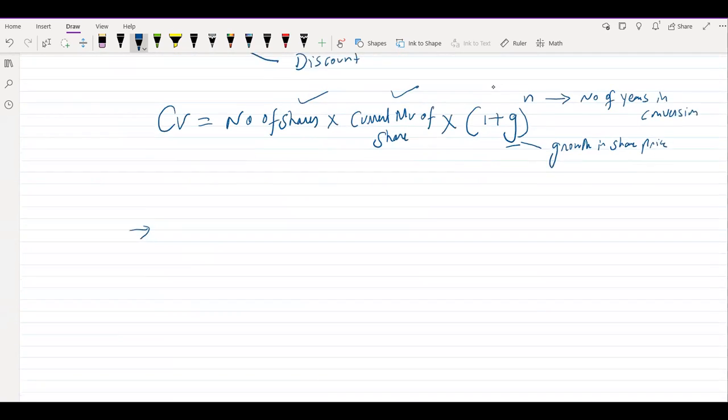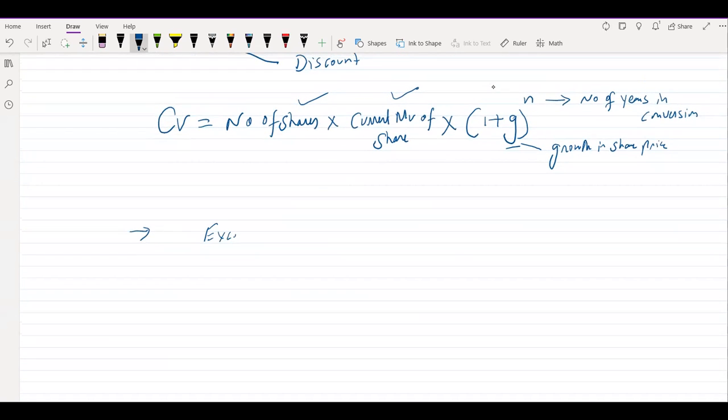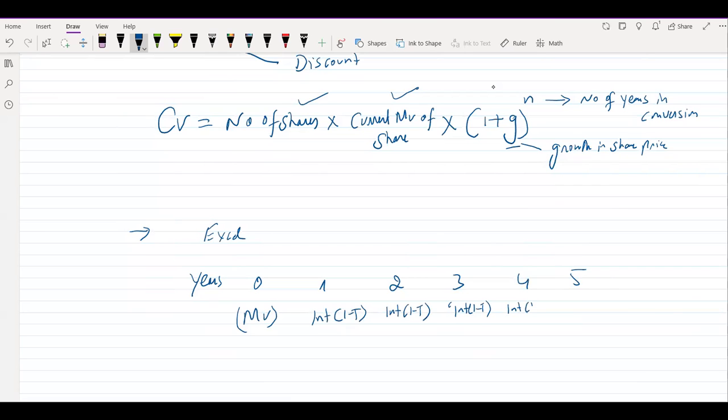Excel पे कैसे करेंगे? Right. Year 0, 1, 2, 3, 4, 5. Market value negative. Interest 1 minus T, in each year.